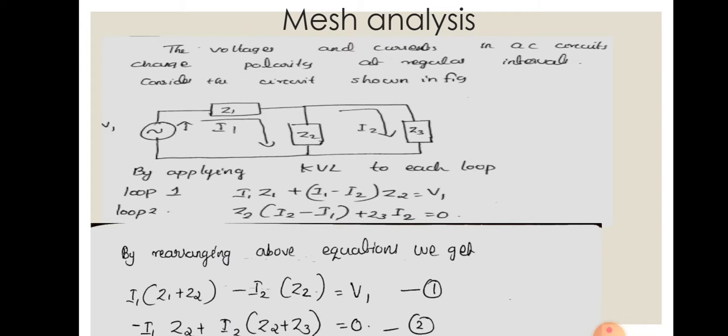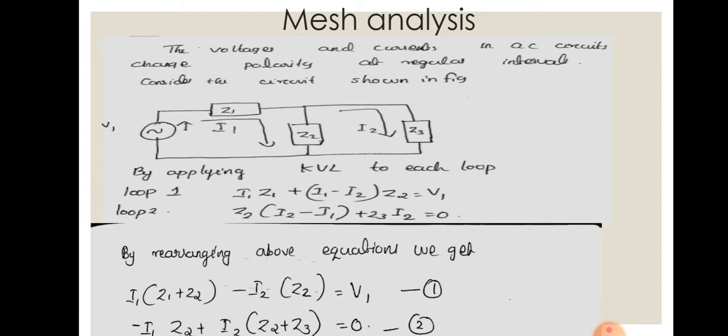If we are using mesh analysis, first of all we have to mark the mesh currents, and here the mesh currents are I1 and I2. So it is marked, and what is the next step? We apply Kirchhoff's voltage law in the first mesh and write the equation, and then we consider the second mesh and write its Kirchhoff's voltage law equation.